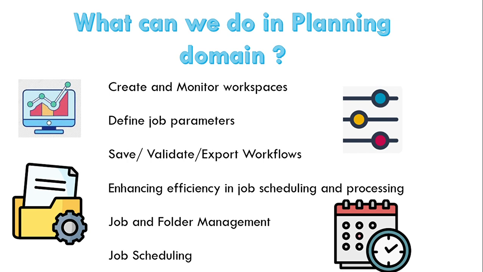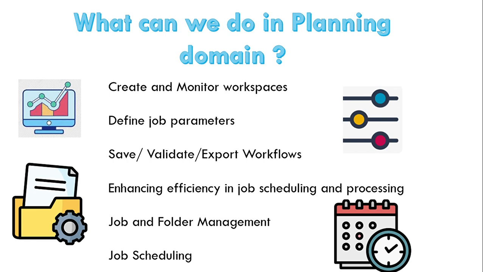So basically you would have created some workflows, and you would want to copy the structure, but maybe the analytics that you do inside would vary. So you can reuse the structures, and that is how the export helps us. Once you create everything, validation is very important, and you can enhance the efficiency in job scheduling and processing.